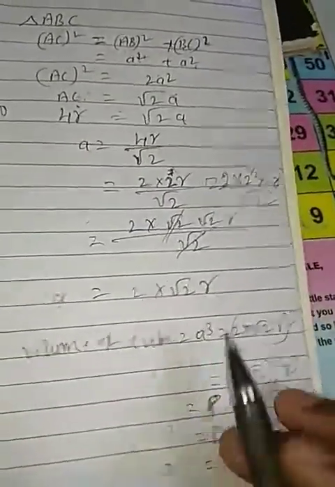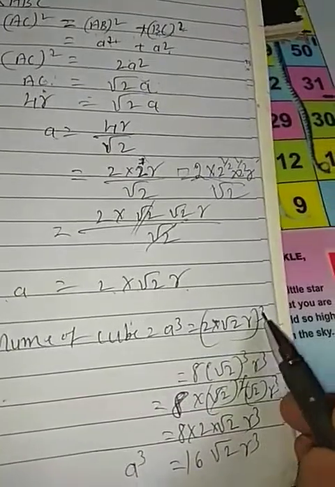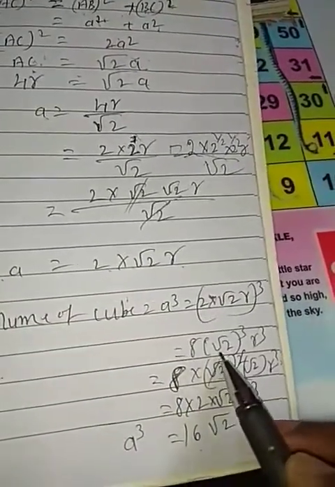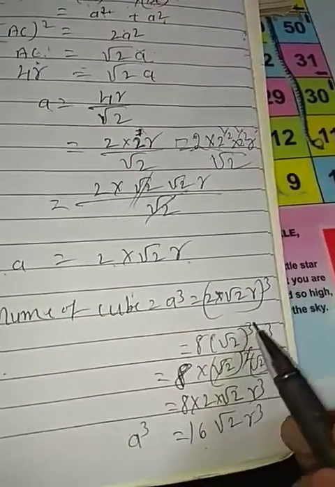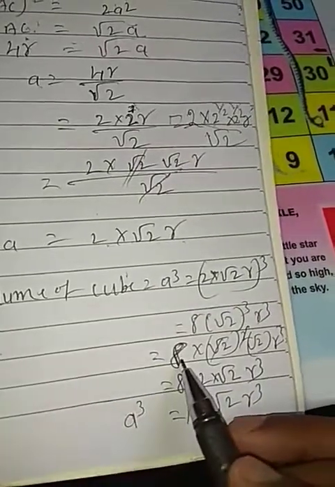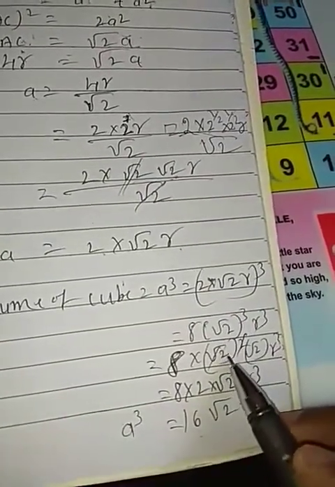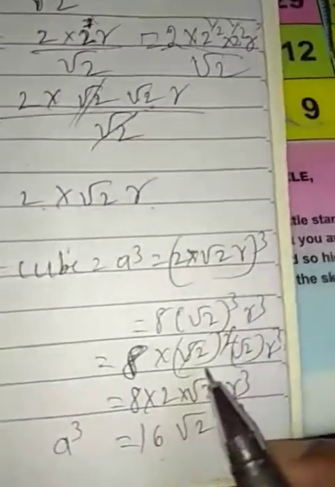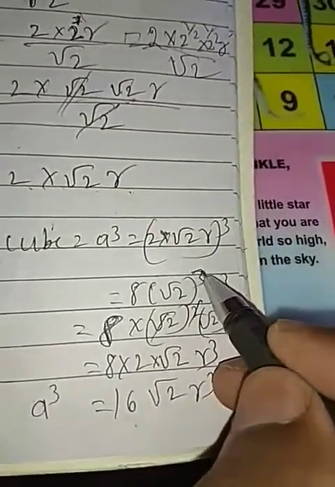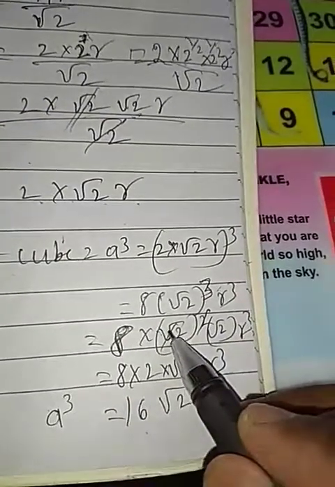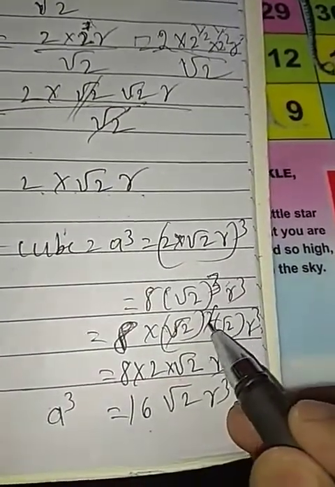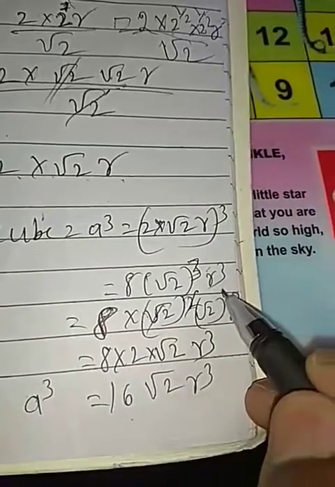So volume of the cube, A cube, is 2 into root 2 R whole cube. That is 8 into root 2 whole cube R cube. So root 2, the power 3, again we are splitting into 2 forms: root 2 whole power 2 and root 2 whole power 1.